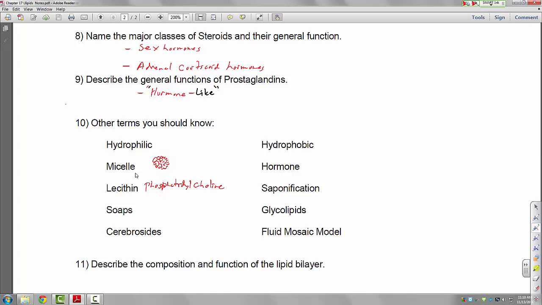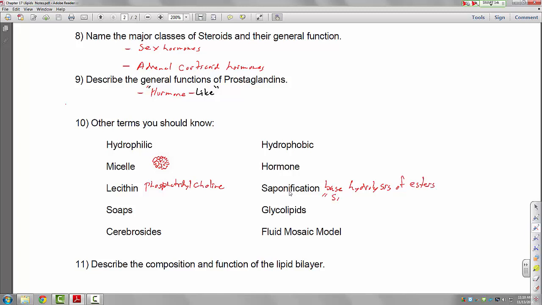Soaps are the salts of fatty acids. We just got done talking about cerebrosides, hydrophobic hormone, saponification, right? This is the base hydrolysis of esters.